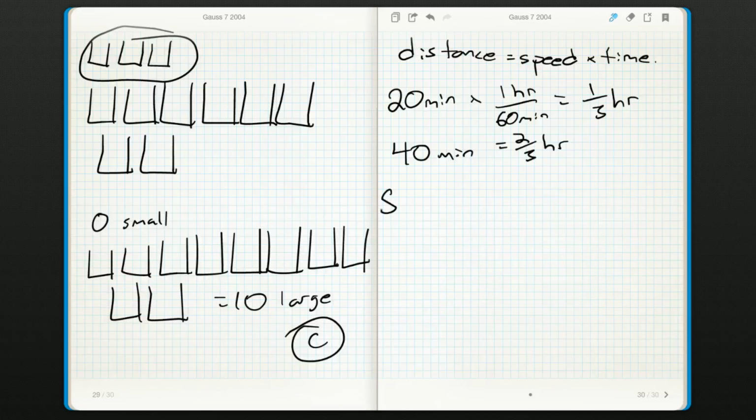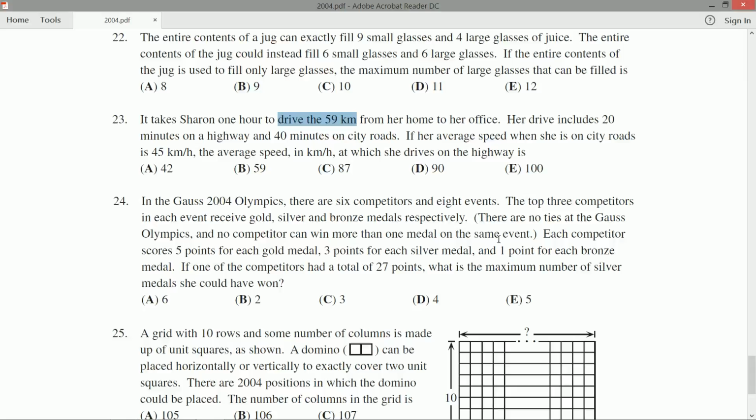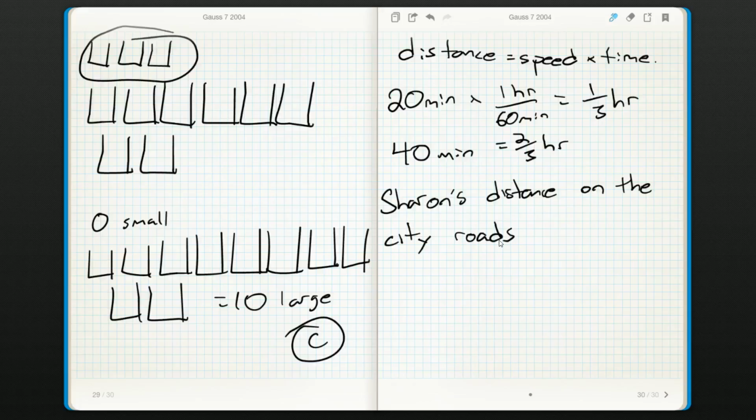Okay, so Sharon's distance on the city roads: 40 minutes on the city roads, and an average of 45 kilometers per hour.